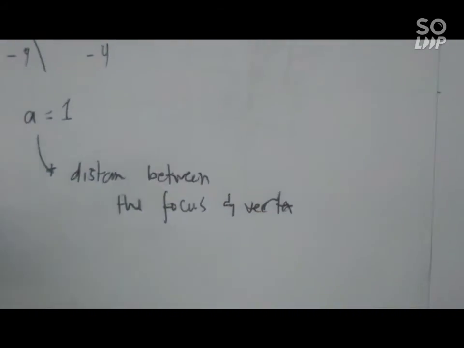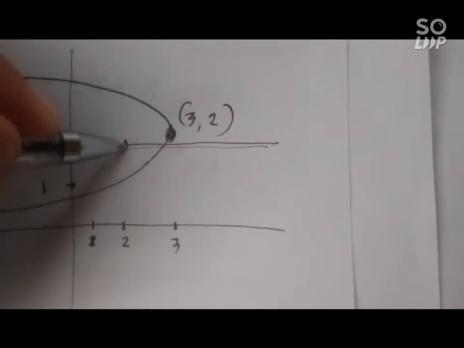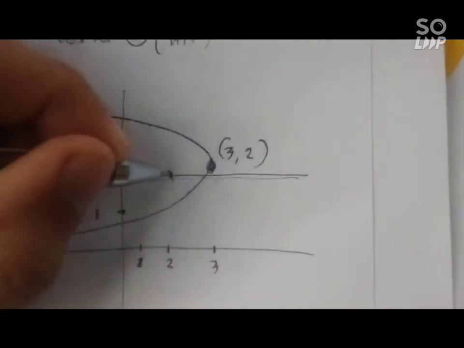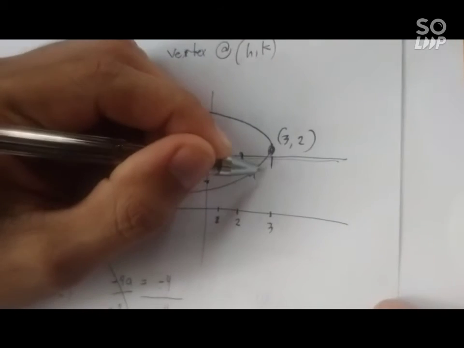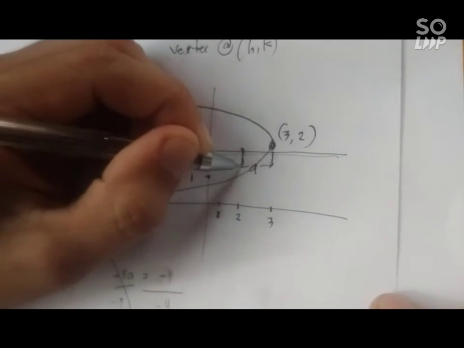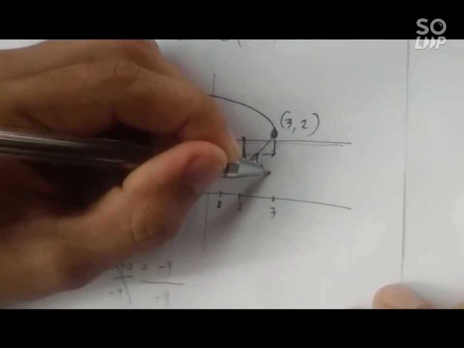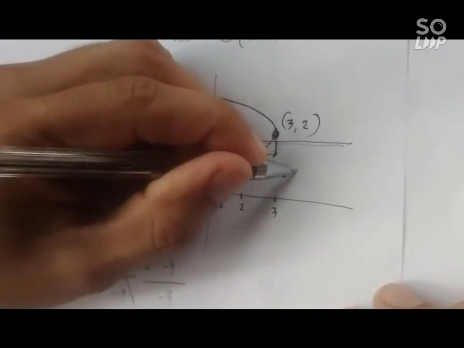So the vertex, so which is ang atong a is 1. So a nato dire, ang a day nato is equals to 1.